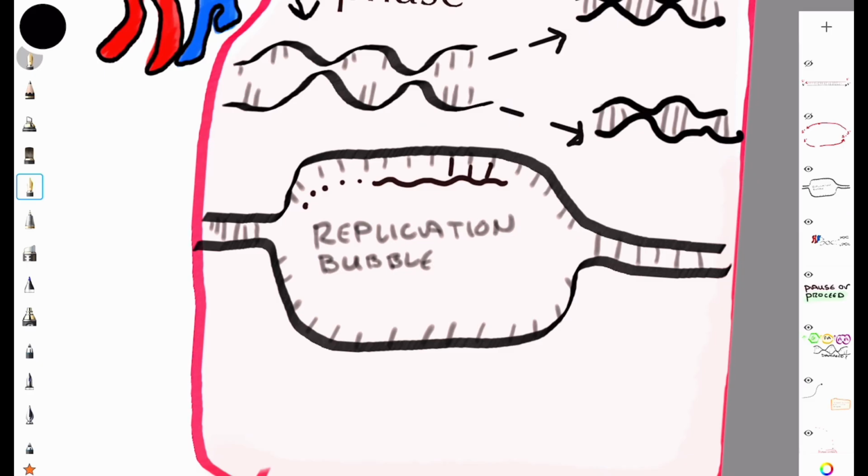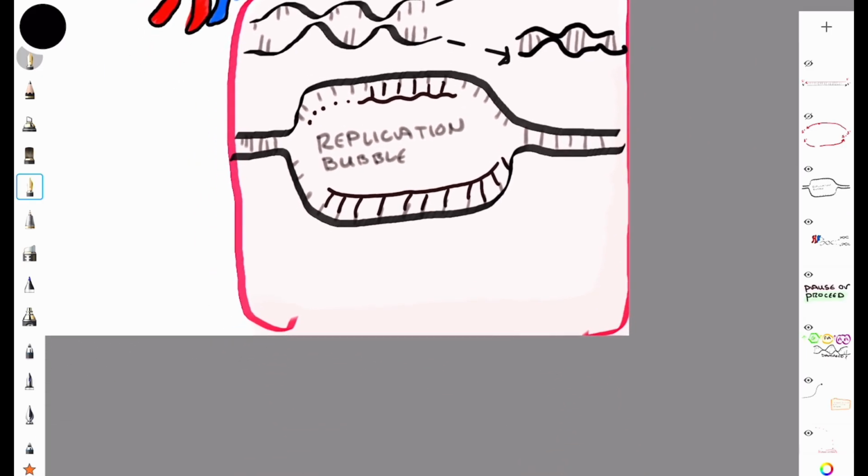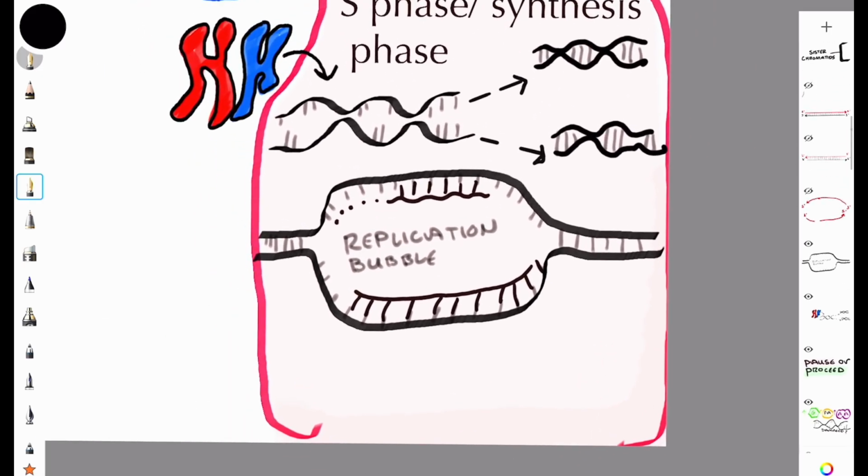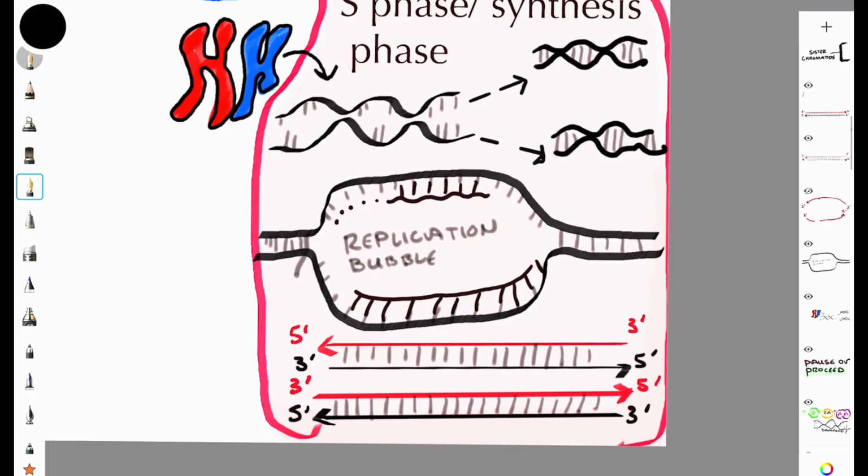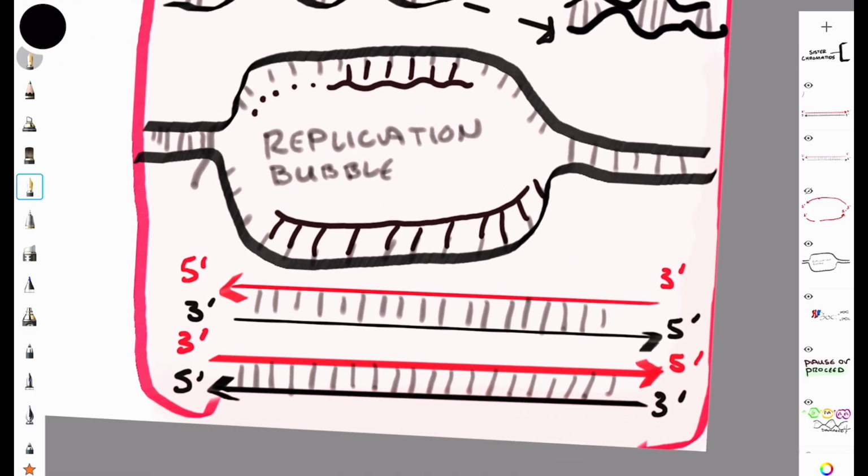You can see that those nucleotides will make another strand. And then the nucleotides here will begin to form another strand of DNA. And this is done by DNA polymerase. And then what we get is 2 new strands of DNA, right? So you can see there's one here. This is 1, and this is 2, right?